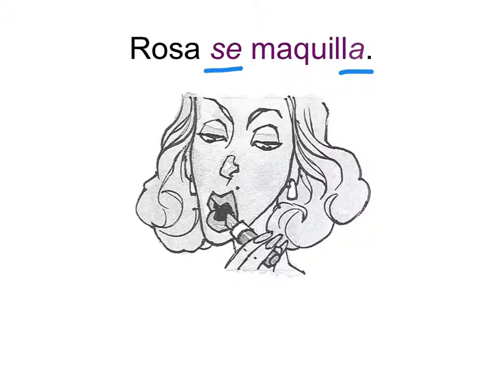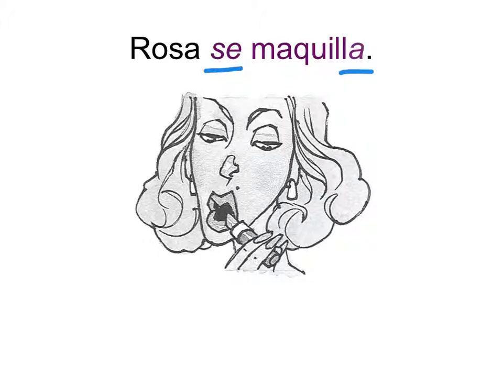If you work backstage at a play or on the set of a movie or a TV show and you're a makeup artist, would that action be reflexive? Or let's say you work at a beauty counter in a department store and you put makeup on people all day, is that action reflexive?